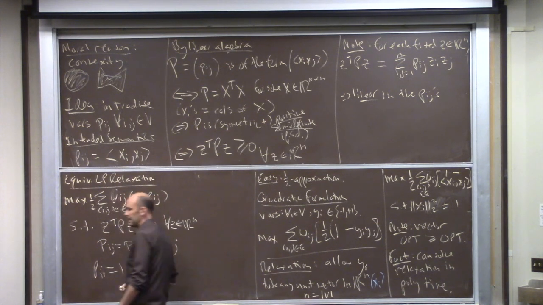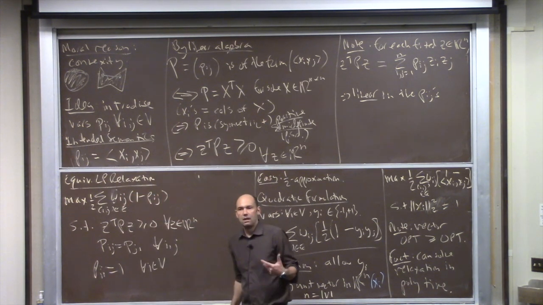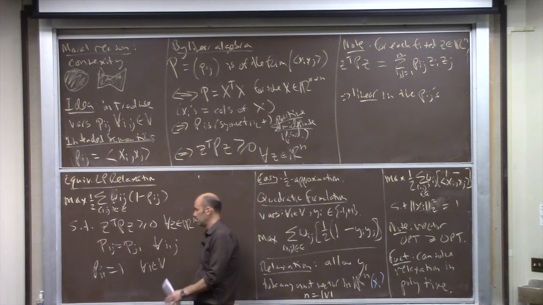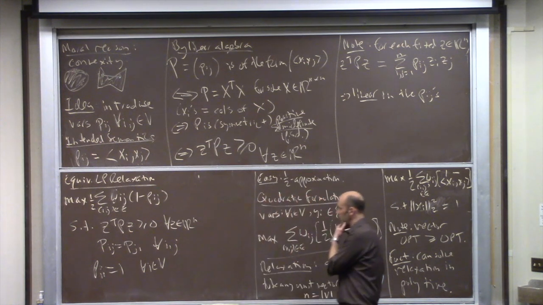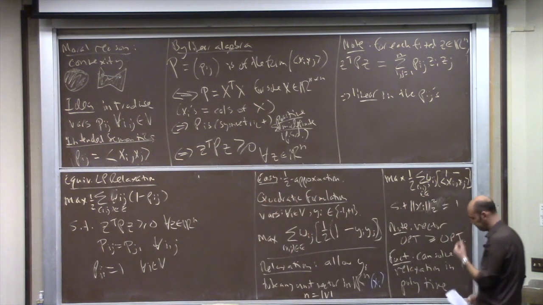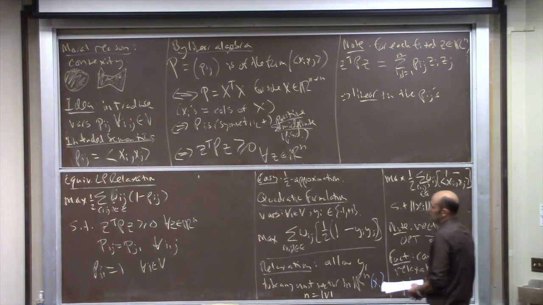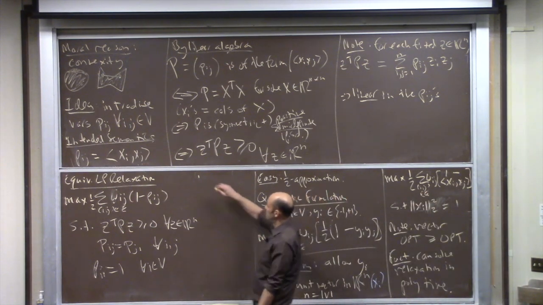Because remember, what is Pii representing? It's representing the inner product of xi with itself. That's just the norm of xi. So if Pii equals 1, that corresponds to the vector corresponding to i being a unit vector.